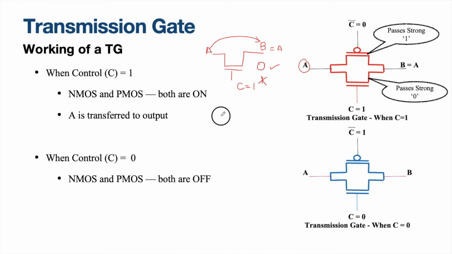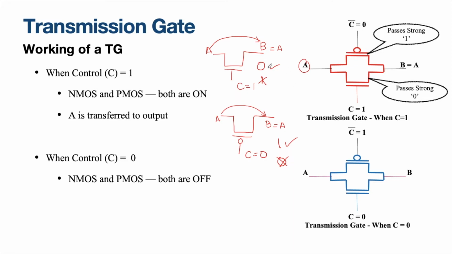Similarly, if you use a PMOS transistor, we have the control signal. When it is equal to 0, whatever is in input will be transferred to the output. So output B will be equal to A. But what is a disadvantage of this PMOS pass transistor? It can pass a strong 1, but it cannot pass a strong 0.